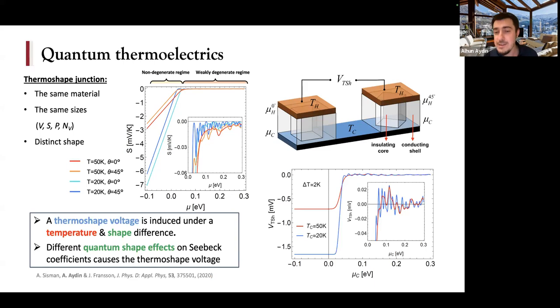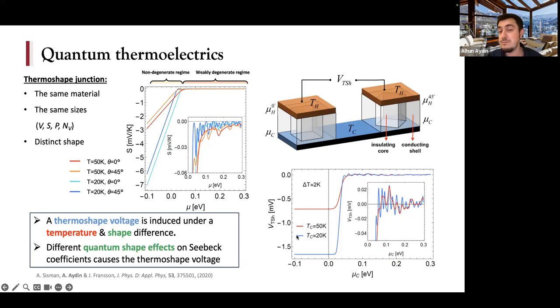And surprisingly, initially we thought this effect would be very small because in the end, this is a shape effect, but the bulk effects are usually much higher, right? But it turns out that the effect is not really that small at all. You can get voltages on the order of millivolts.